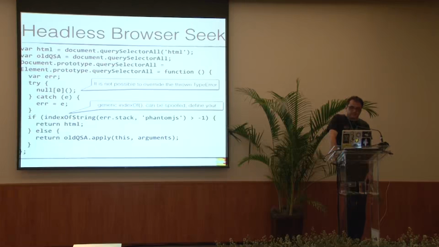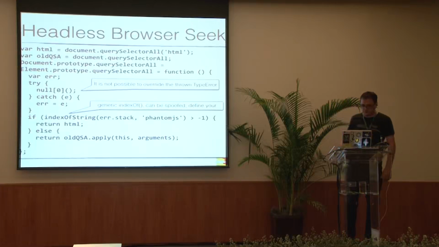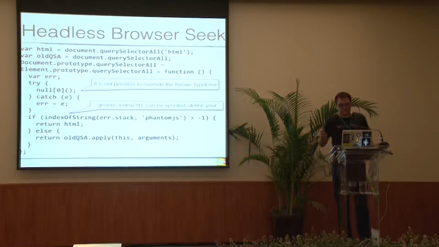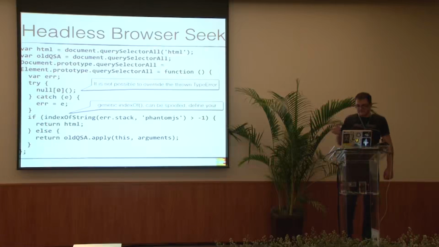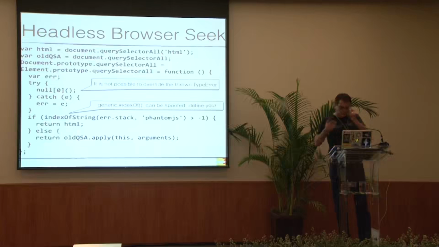What else can be done? If we extend the stack trace detection function that I showed, and do something relatively harmless to the Phantom.js visitor, it's probably going to work.